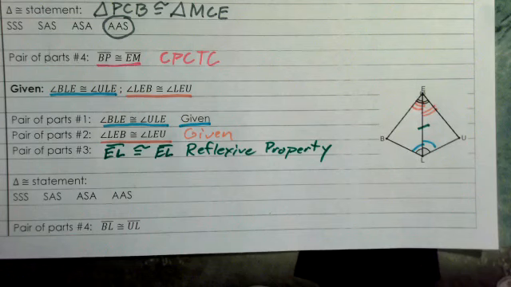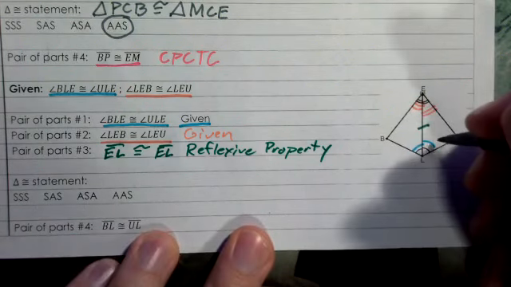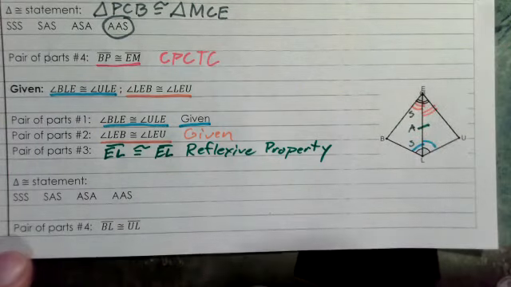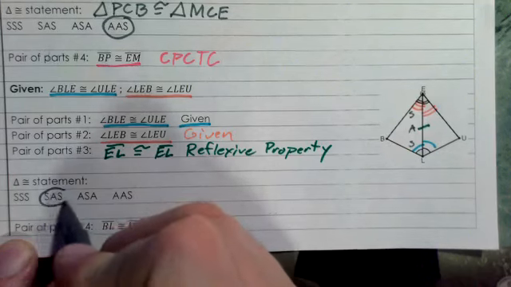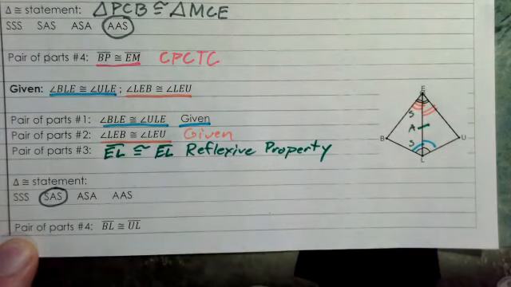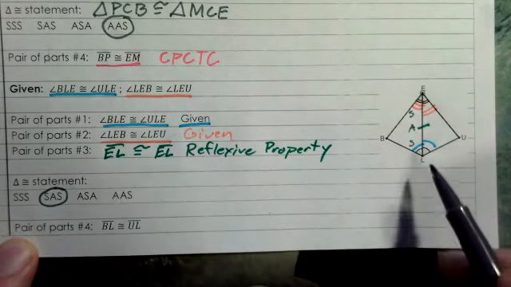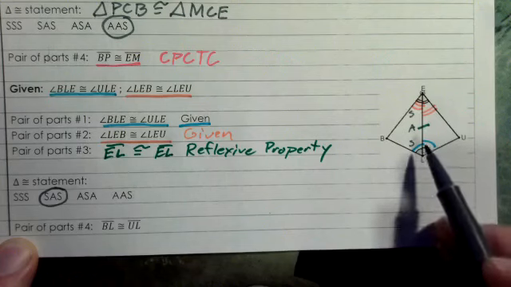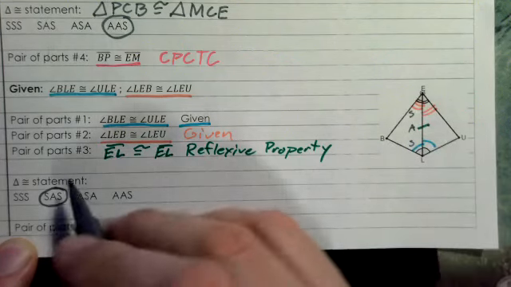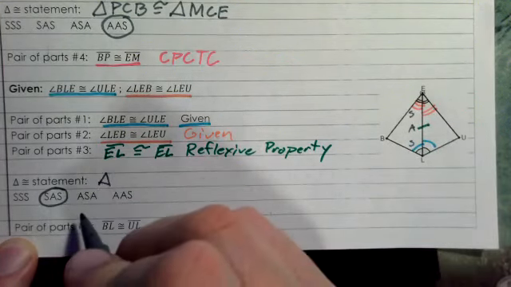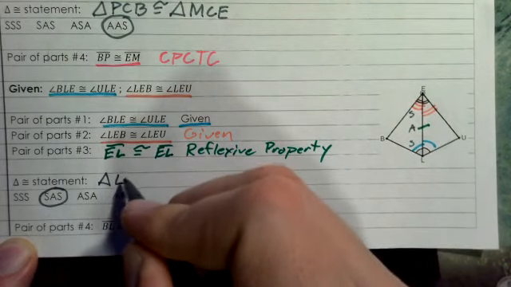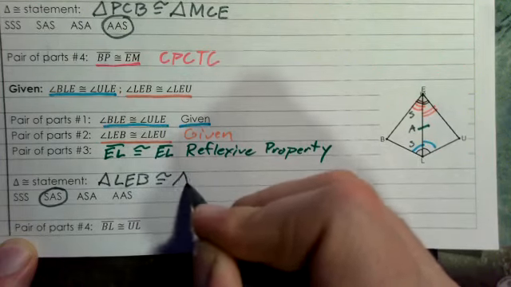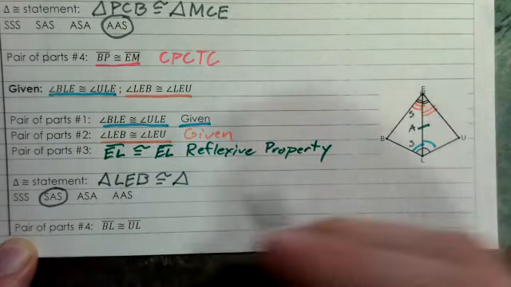Well, based on that, it seems we have a side angle side on our hands. So side angle side is one of my options. I'm going to circle it, and I got to write my triangle congruence statement. I'm going to go with the 1, then the side, and then the 2, or just 1, 2, and blank. So that's triangle LEB is congruent to triangle LEU.